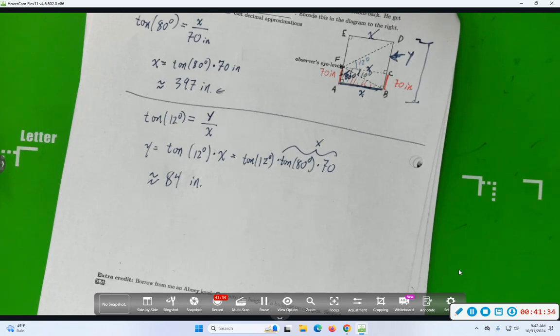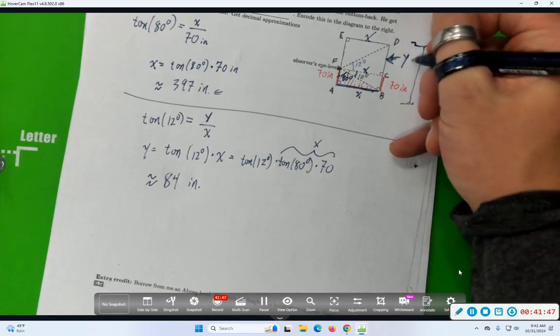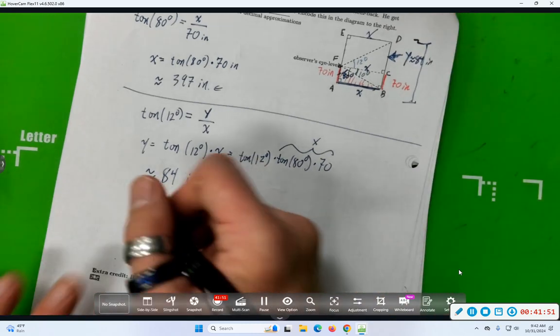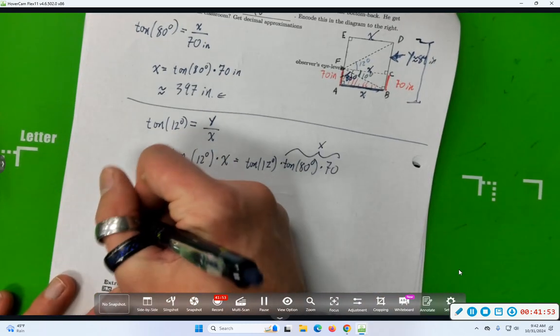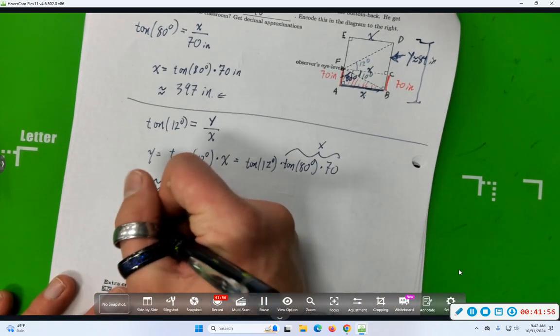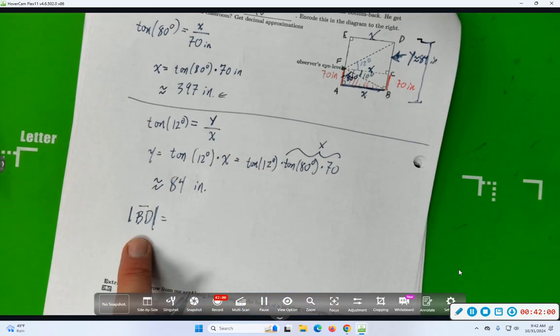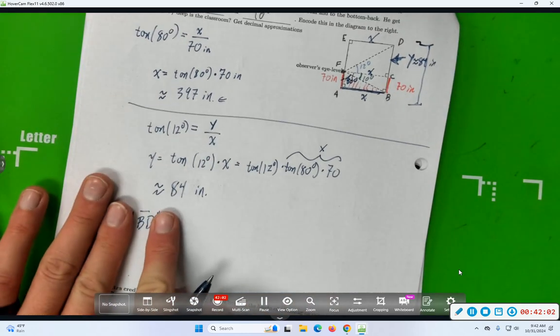All right, is that enough information that we can figure out the height of the opposite wall? Yeah, I guess the fancy tool to use is addition. So we know this side length is about 84 inches. That's 70 inches. So the length of the side from B to D, which is what we want, is, that's notation I haven't used in the past, but edge from B to D, BD with a bar on top seems reasonable enough.